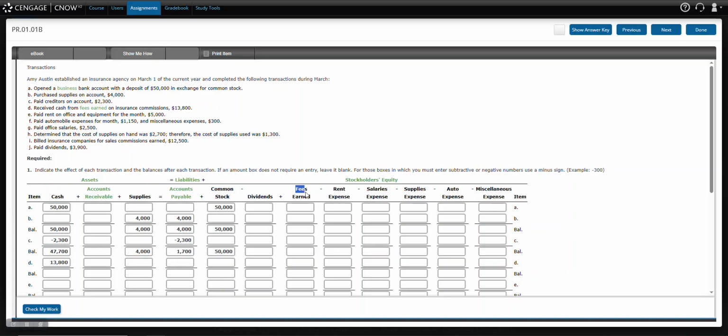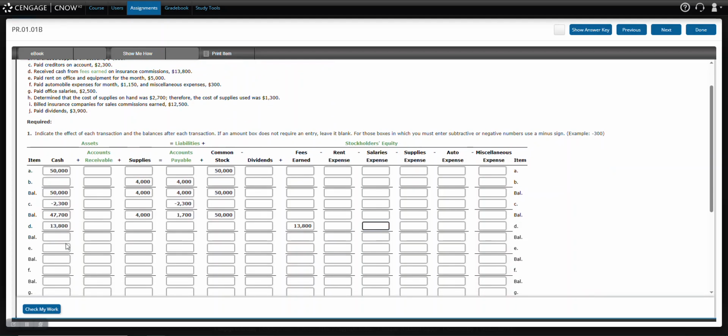So I charge my customers a fee for this insurance commission, I'm providing insurance services for them, and I've earned it because I've actually provided the service. So I get to increase my revenues. I've earned the right to $13,800 from my customers because I've done something for them.